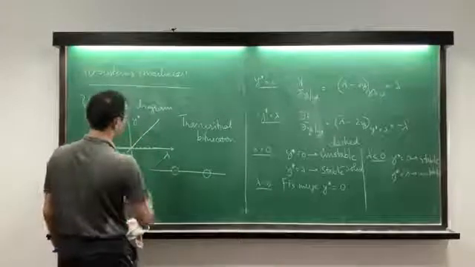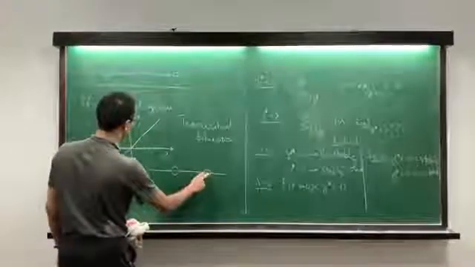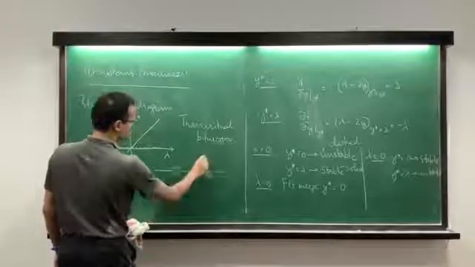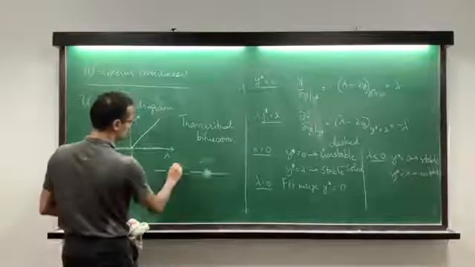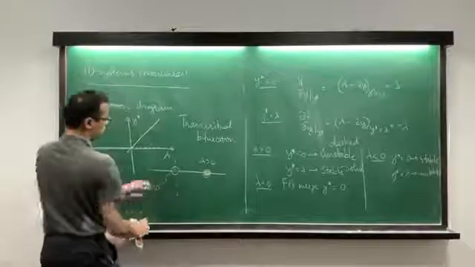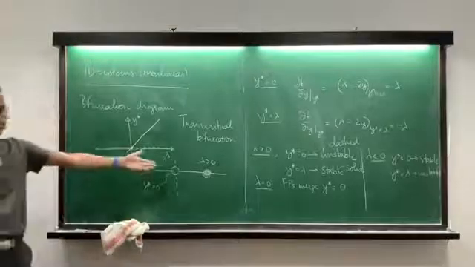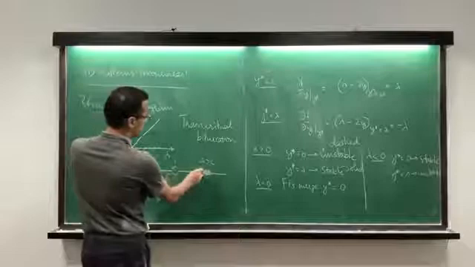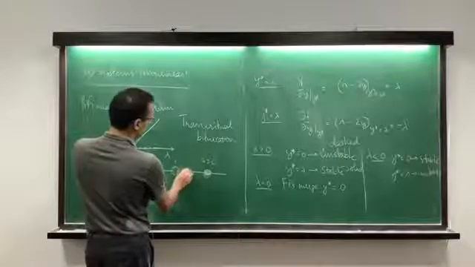We had a positive value, this gave a stable fixed point. So, this is lambda greater than 0, this is the origin. Okay. For lambda greater than 0, you had this. As you kept lowering lambda, this guy started approaching this fellow. Eventually, it came and hit.